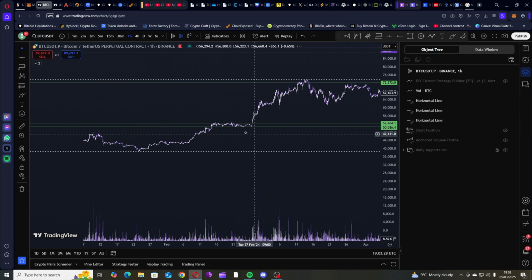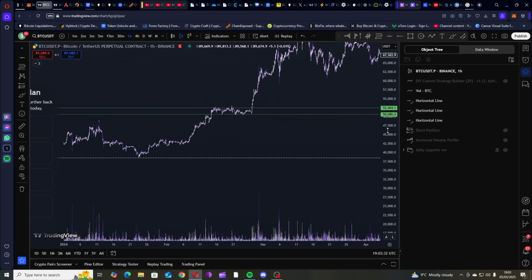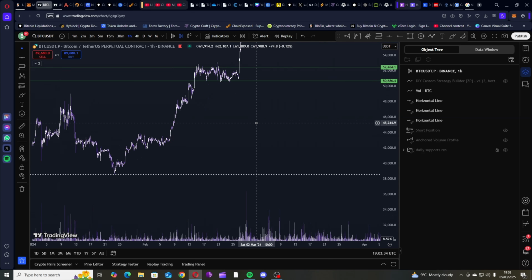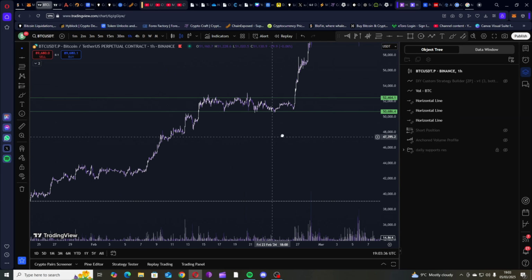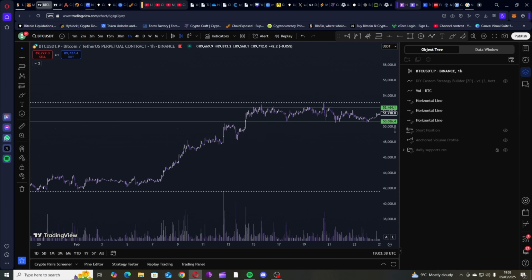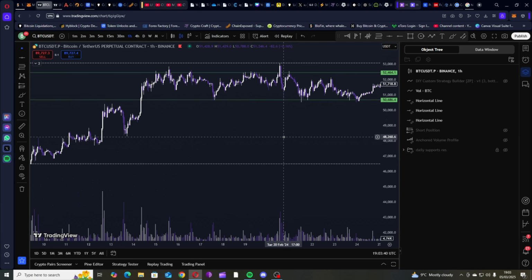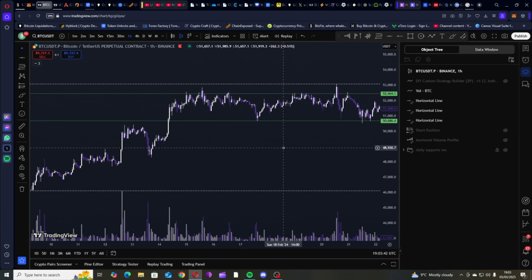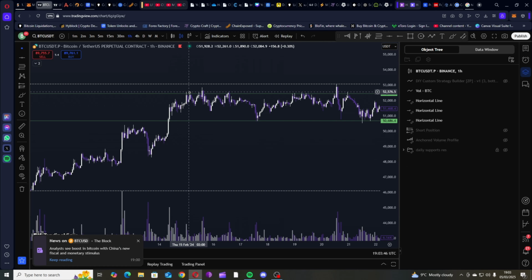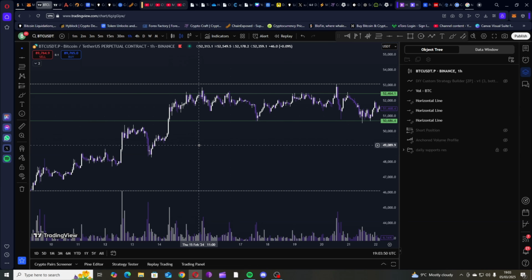Right, so we've got this consolidation here in BTC. Okay, let's zoom it in. We're on the hourly chart. You can clearly see here, this is a resistance zone in BTC.